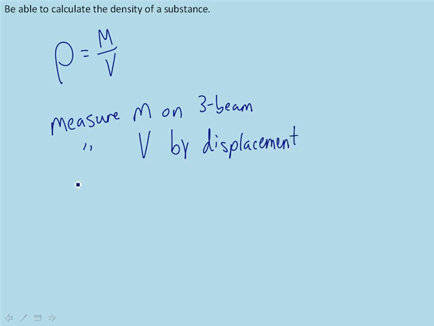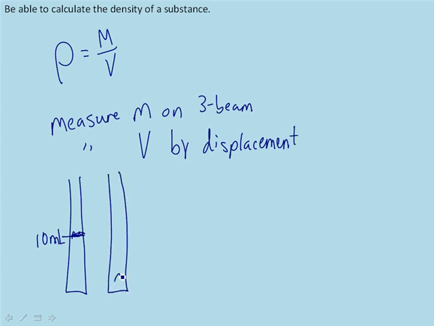When I say by displacement, you take a graduated cylinder, put a certain amount of water in it. Let's say that you put 10 milliliters of water in the graduated cylinder, and then you put your object in it, whatever the object is, and then you read the new volume in the graduated cylinder. So let's say this is 15 milliliters. You have displaced the difference between these two volumes.